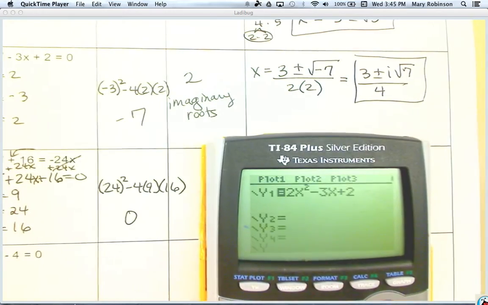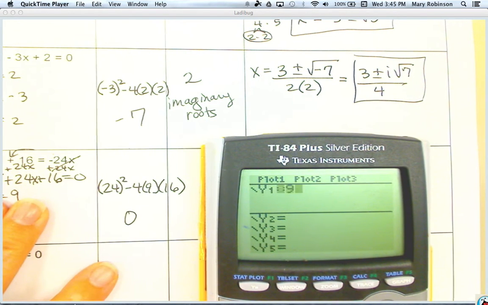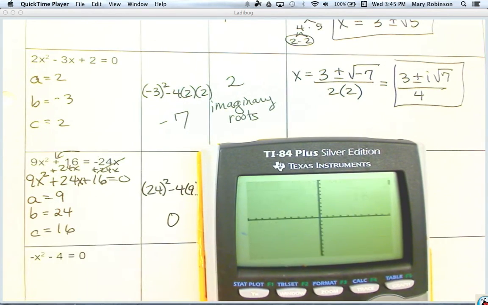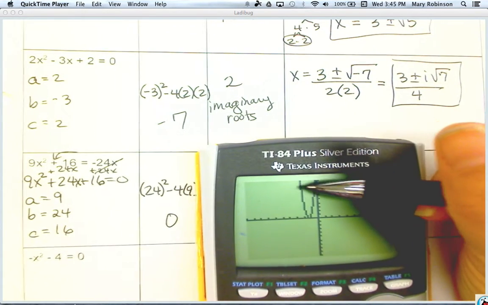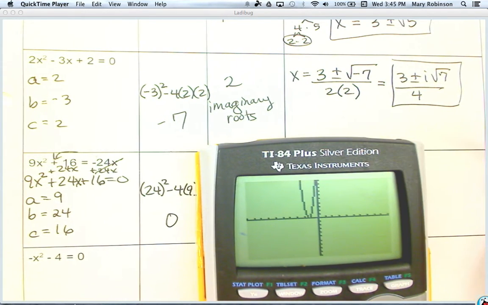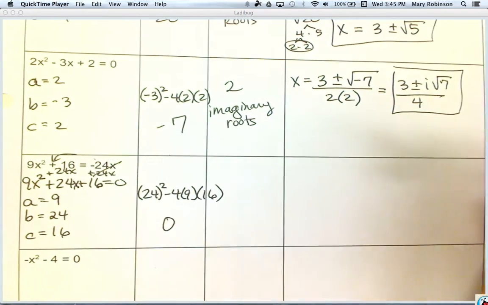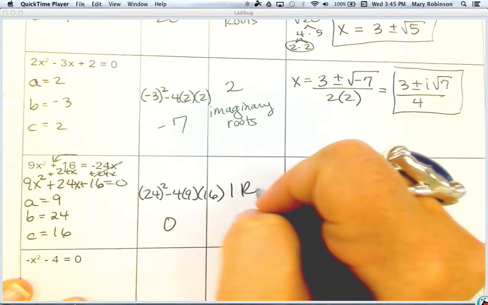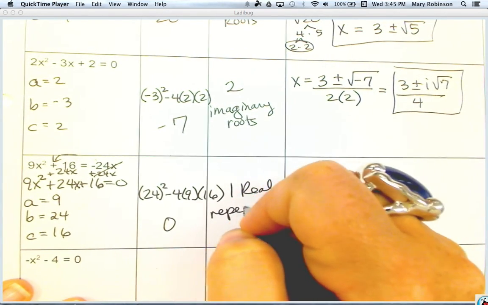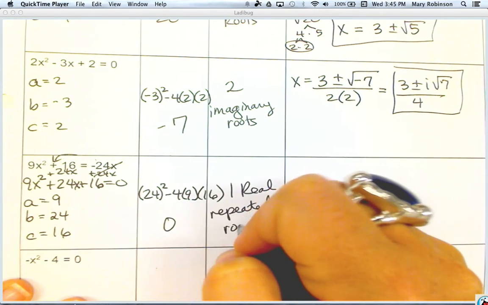So let's see what happens when we graph this one. We've got 9x squared plus 24x plus 16. Oh, this is the third case. This is where it touches the x-axis one time. Okay? So that means we have one real repeated root.